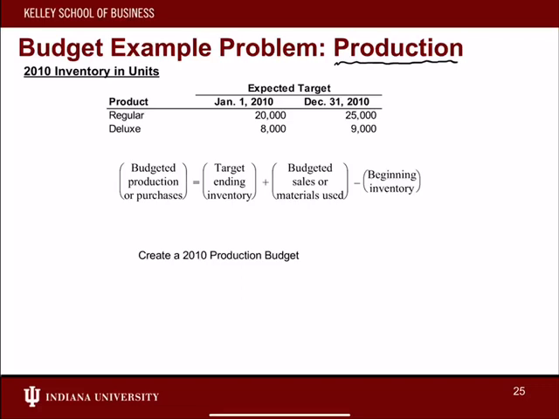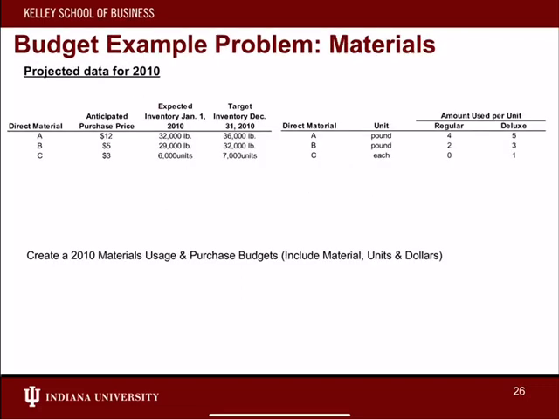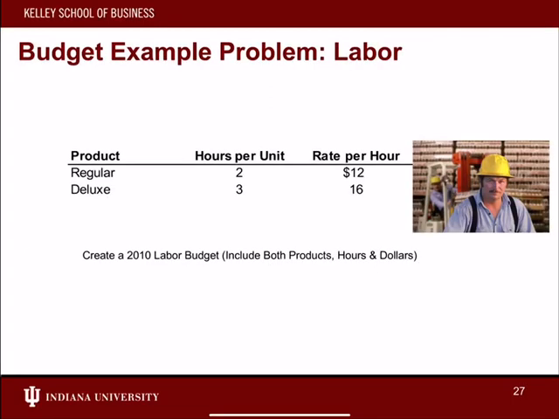And then once you're done, look at the answer key that's posted in the slides and compare and contrast. It'll really help these solidify in your mind. So look through the production budget, use all of this to come up with the materials usage and purchase budgets, including units and dollars. Same thing for direct labor for both products, right?